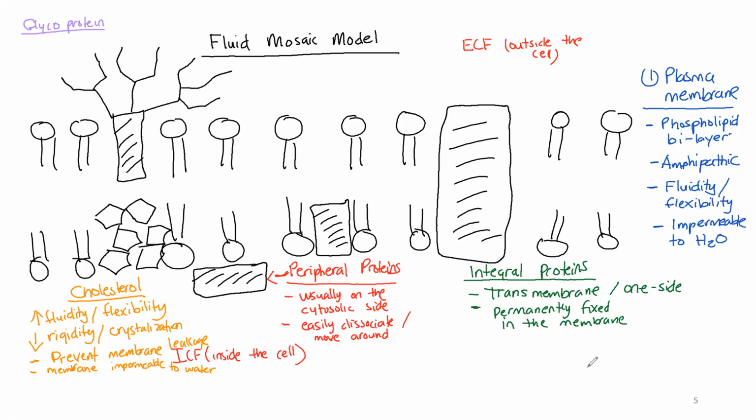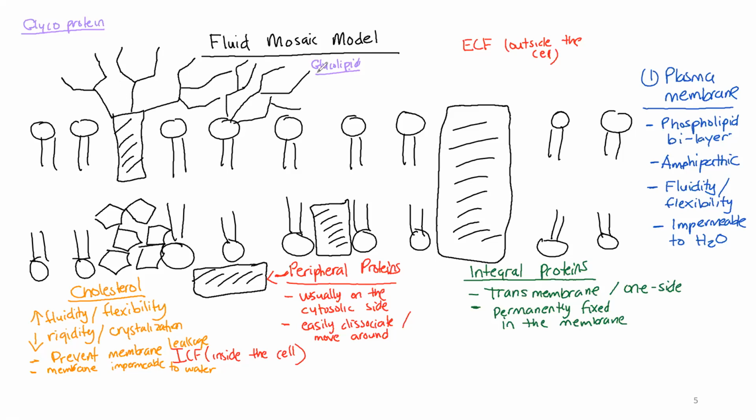And then, I forgot to draw this here, if we've got carbohydrates stuck to a phospholipid, so these are these branching carbohydrate chains on a phospholipid, this is called a glycolipid. So glycolipid, carbohydrates attached to a lipid; glycoprotein, carbohydrates attached to a protein.